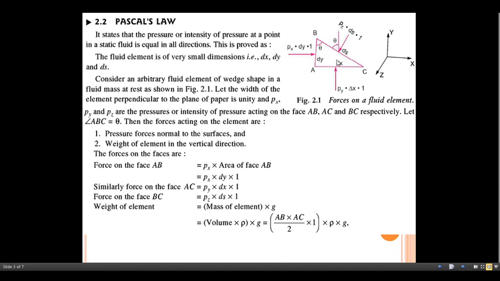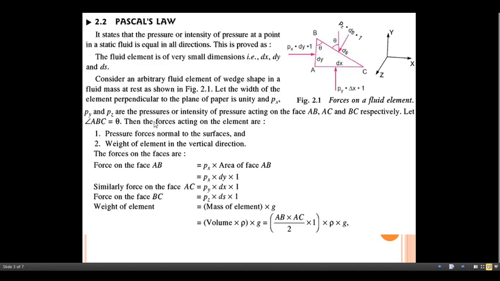The forces on the faces are the force on face AB, the force on face AC, and the force on face BC, as well as the weight of the element. Let's see them one by one.